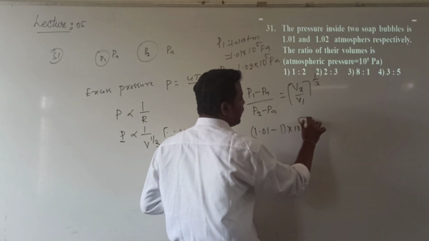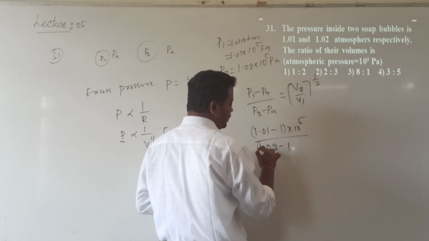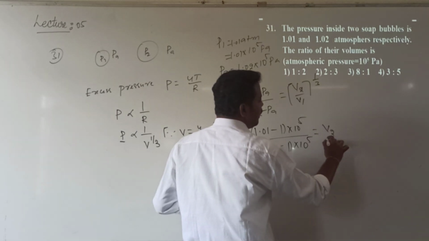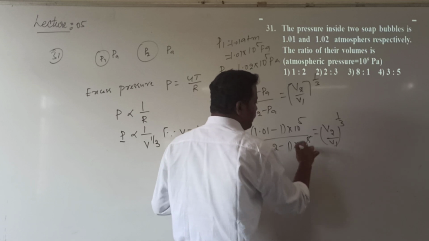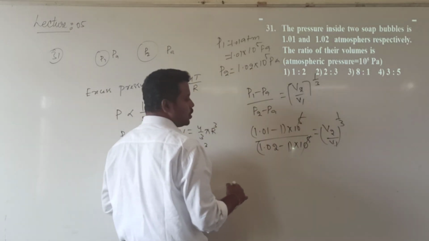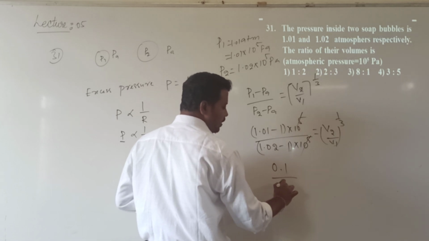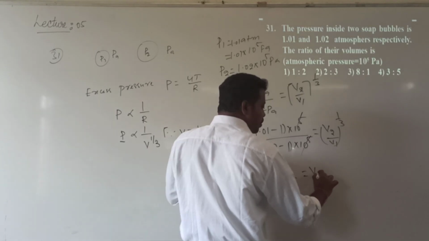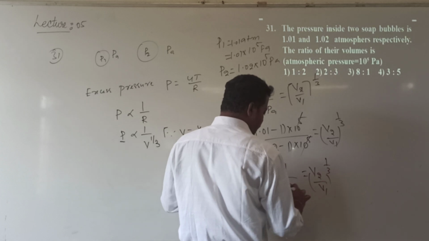I take 10 power 5 common, so 1.02 minus 1 into 10 power 5 is equal to V2 by V1 whole power 1 by 3. 10 power 5 cancels. So what is left? This is 0.1 divided by 0.2 is equal to V2 by V1 whole power 1 by 3.